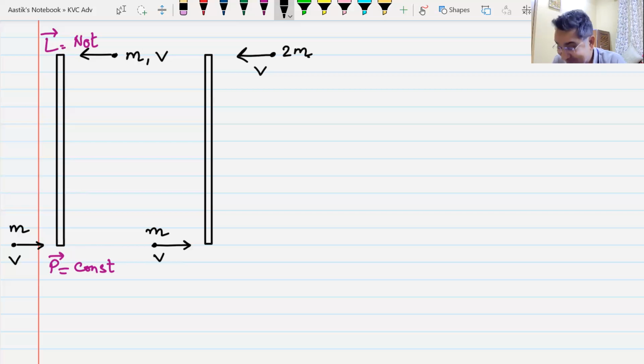At the top of the rod, momentum is more, sir. Below the rod, momentum is less. So impulse will be less on the downside and more on the upside, sir.